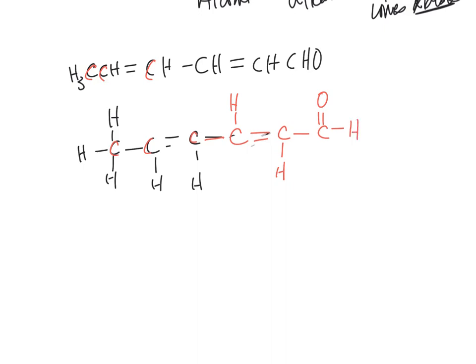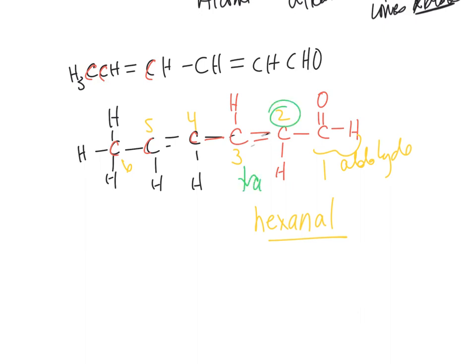Okay, so functional group here, we have an aldehyde, and that's highest priority. So 1, 2, 3, 4, 5, 6. So hexane, drop the E and add al. That's our longest chain. Now we don't have any substituents here, but on carbon number 2, we have a trans.